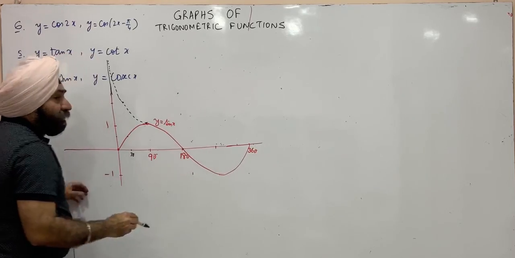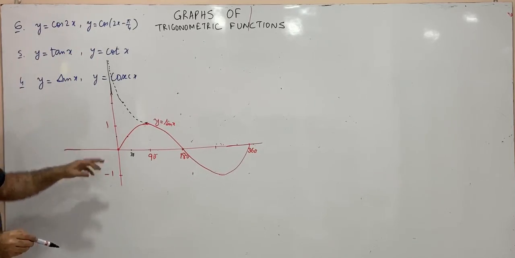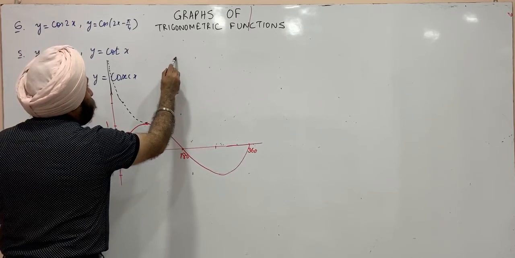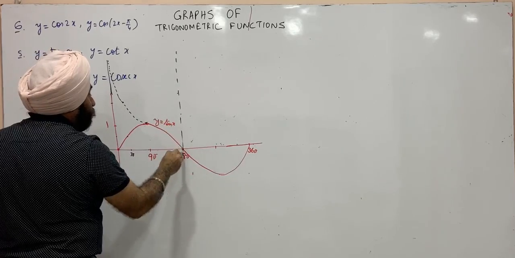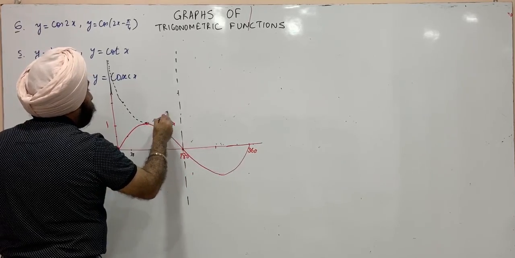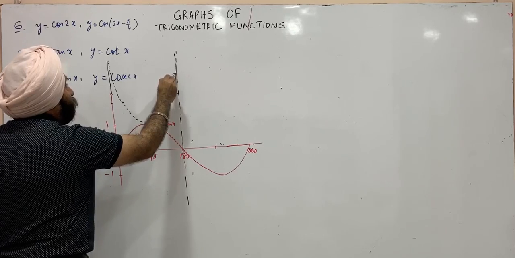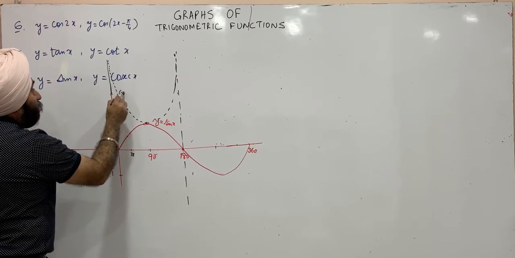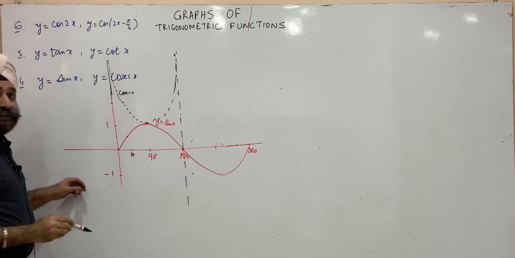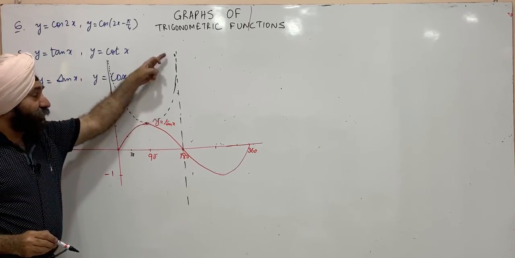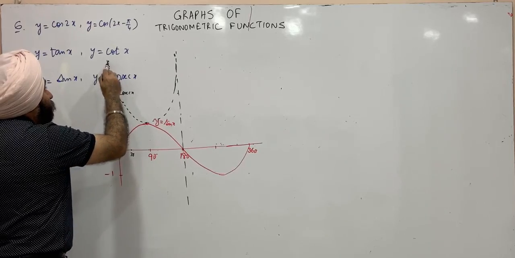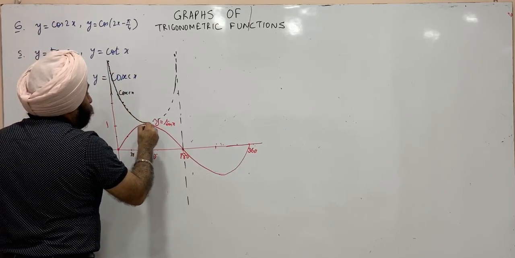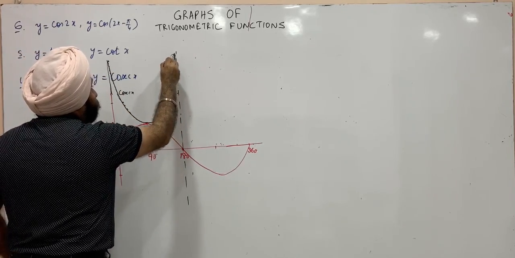Again at 180 degrees, sine of 180 is 0. Reciprocal 1 by 0, that will be infinity. So this is the graph. Where sine of x is positive, its reciprocal, cosecant of x, will also be positive. So this is the graph of cosecant of x in the first and the second quadrants.